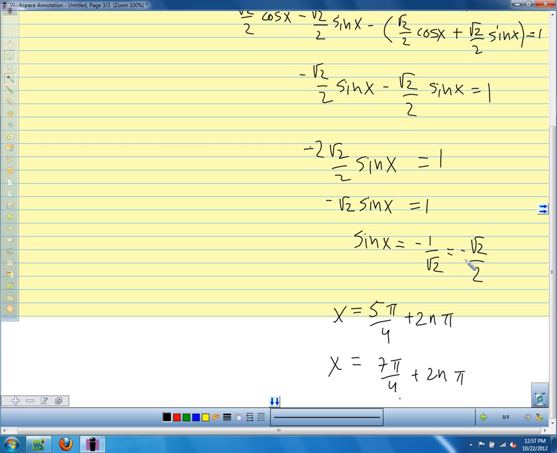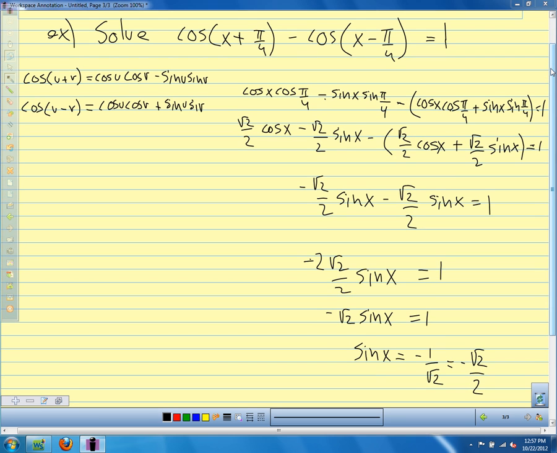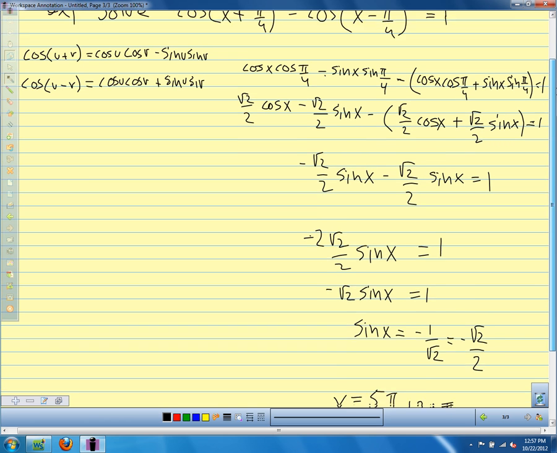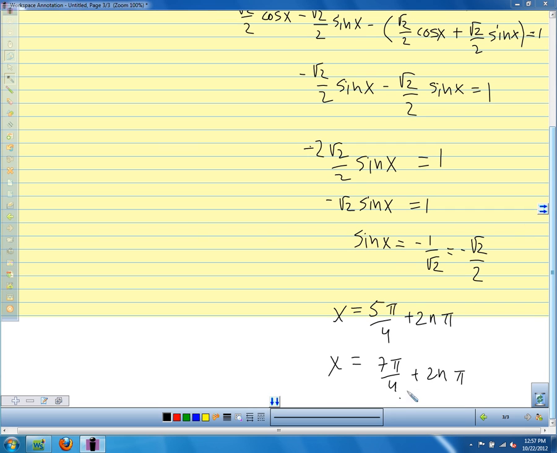So that's at 5 pi over 4 and 7 pi over 4 plus any multiple of 2 pi. So those would be my solutions of this original equation. So I used my sum formula and my difference formula and simplified to come up with my answer.